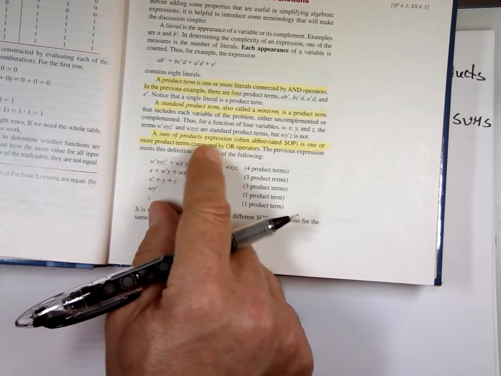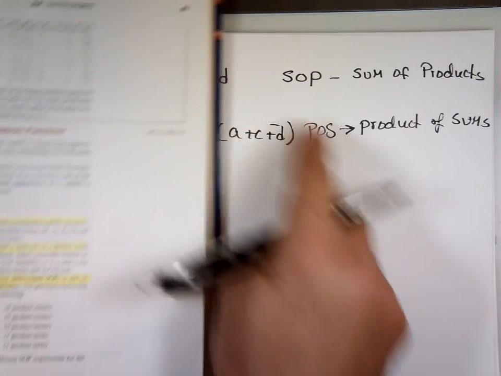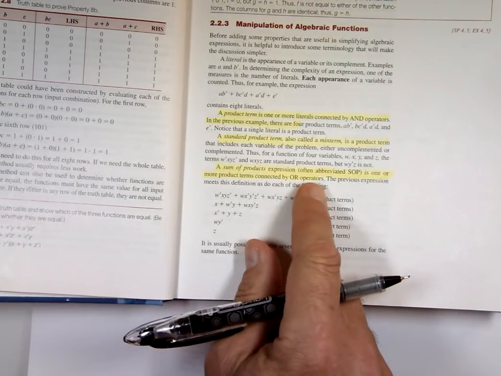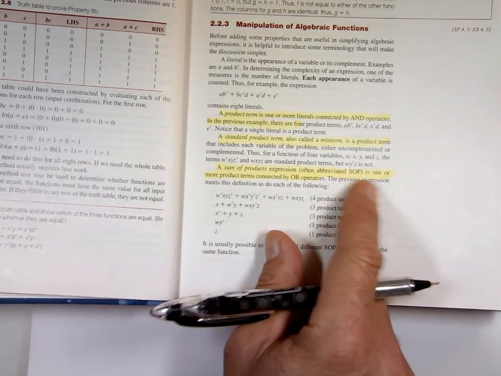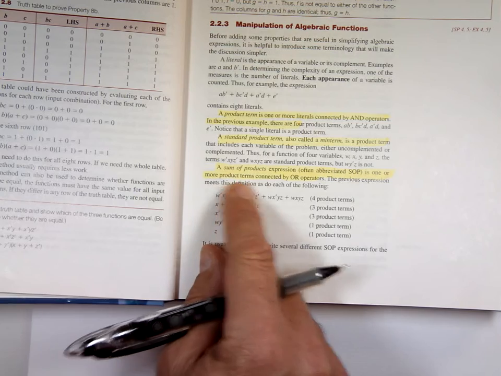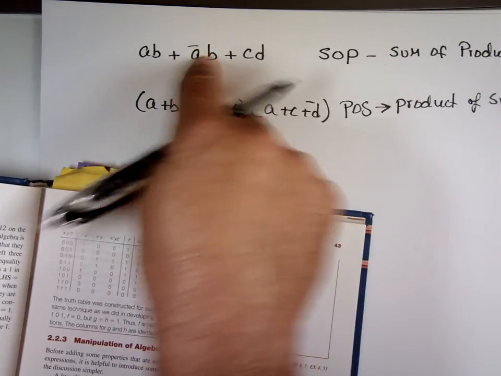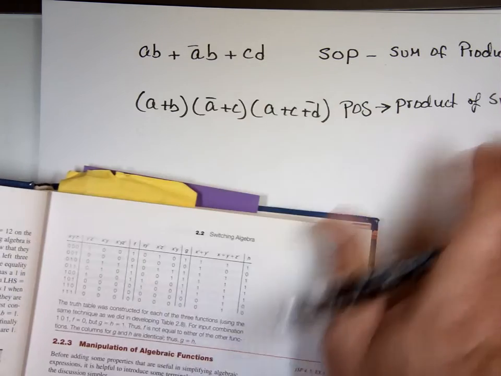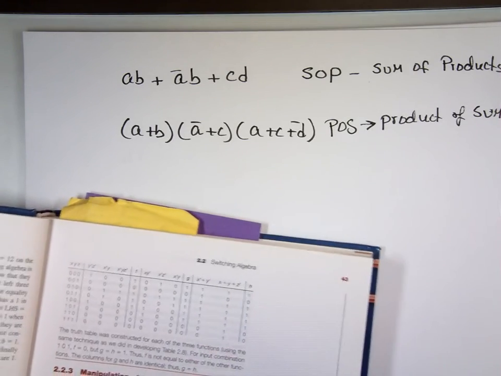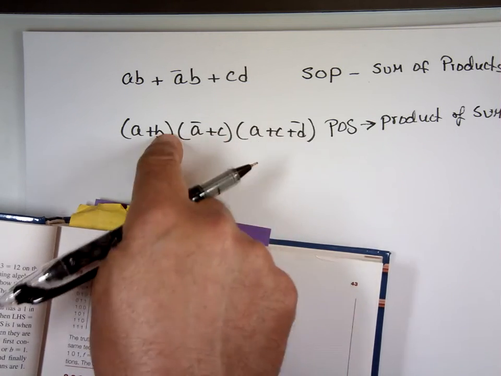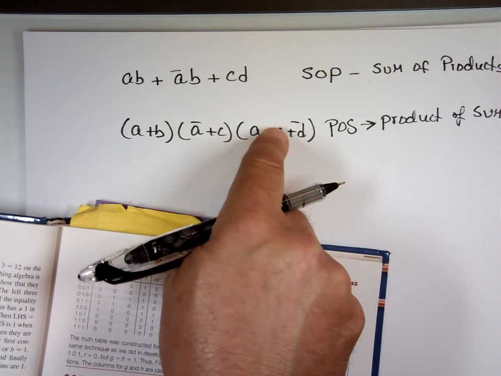Sum of product, SOP, that's this one. Often written as SOP, it is one or more product terms connected by an OR operator. The other one, product of sum, is one or more OR gates connected by an AND gate or a multiplier.